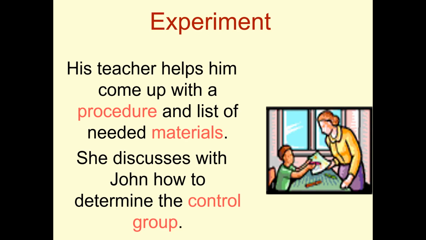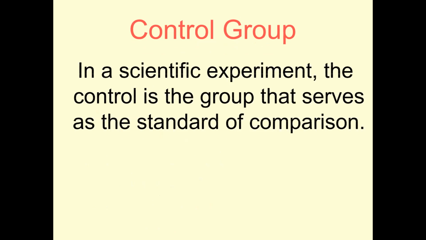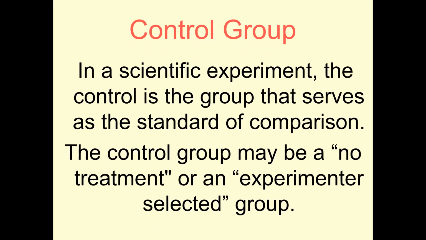You need a control. And in a science experiment, it's the group that serves as the standard for comparison. What does that mean? Well, it could be a no treatment, or it could be one selected by you, by knowing what things are.